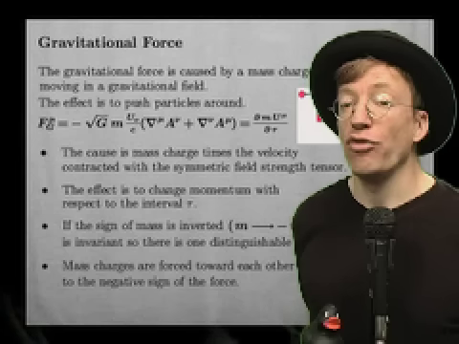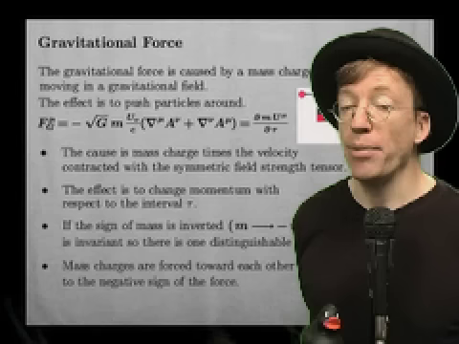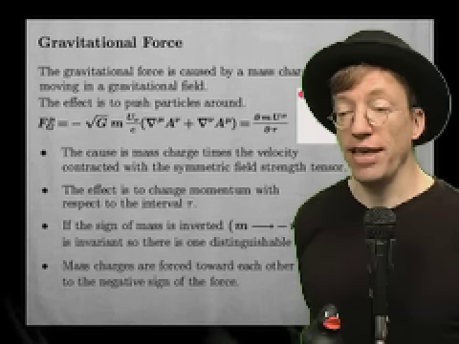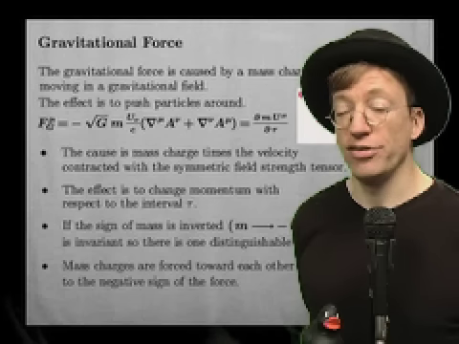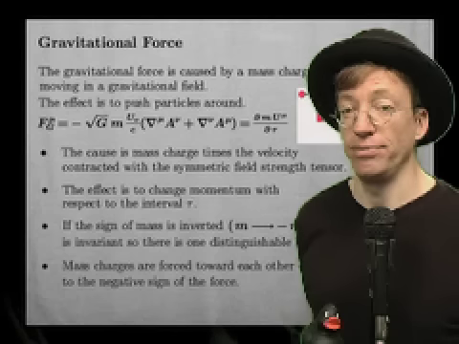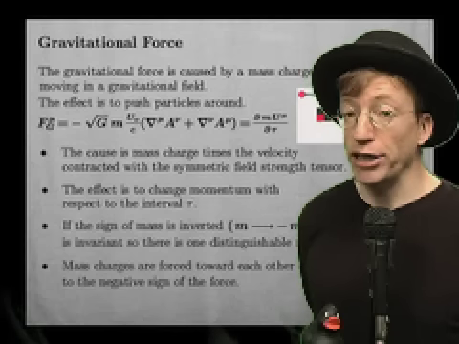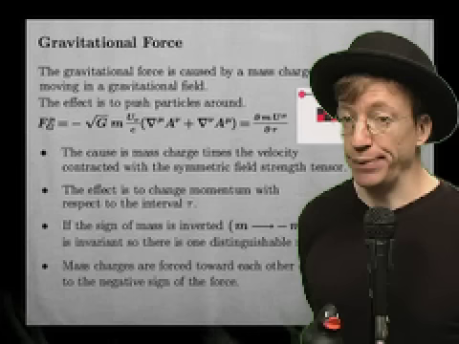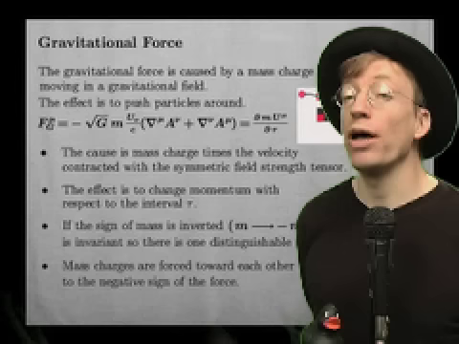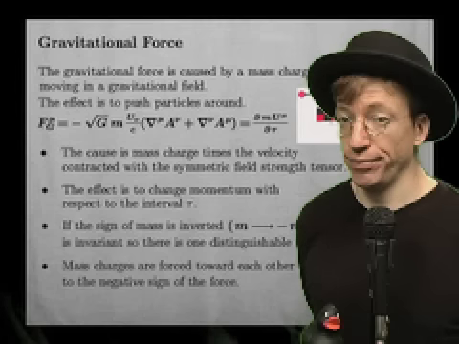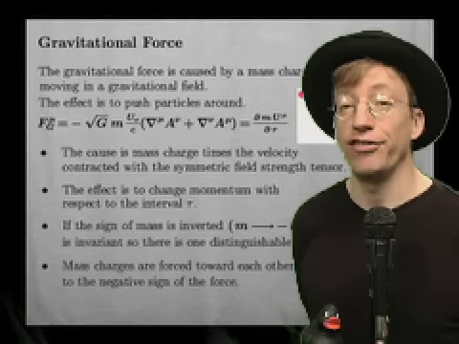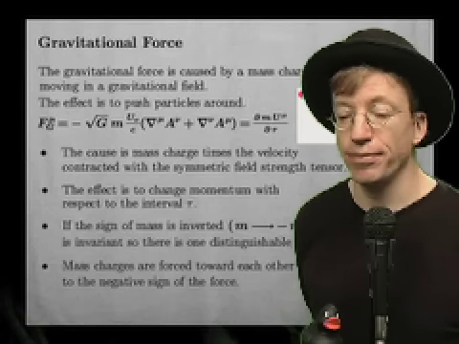If we were to go from a minus m to a plus m, then we would see that none of the signs would change because there's an m on both sides. The force equation has a minus sign in front of it. That indicates that like mass charges will attract each other, which is in fact what they do. So this is a very good feature of the force equation.